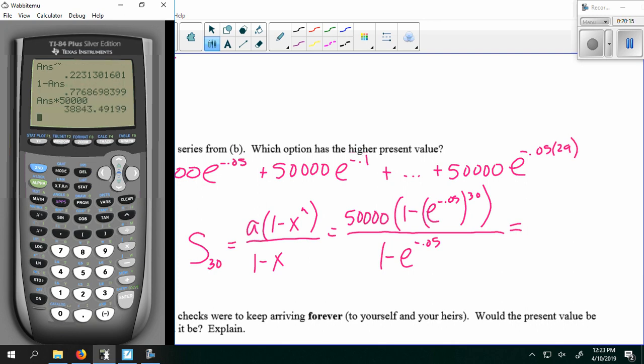And then divided by, we'll do the whole denominator at once here, 1 minus e to the negative 0.05. And I get about $796,453.27.